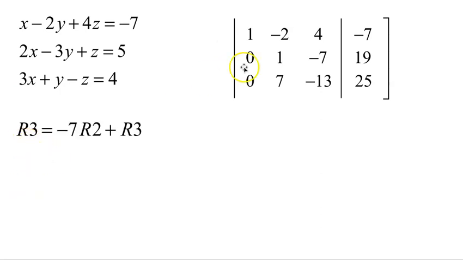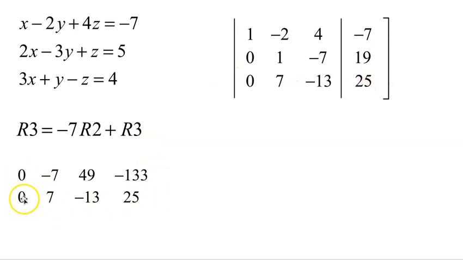Negative 7 times old row 2: negative 7 times 0 is 0. Negative 7 times 1 is negative 7. Negative 7 times negative 7 is positive 49. And negative 7 times 19 is negative 133. Please do not be afraid to use a calculator for that kind of multiplication. Add that to row 3, 0, 7, negative 13, 25.